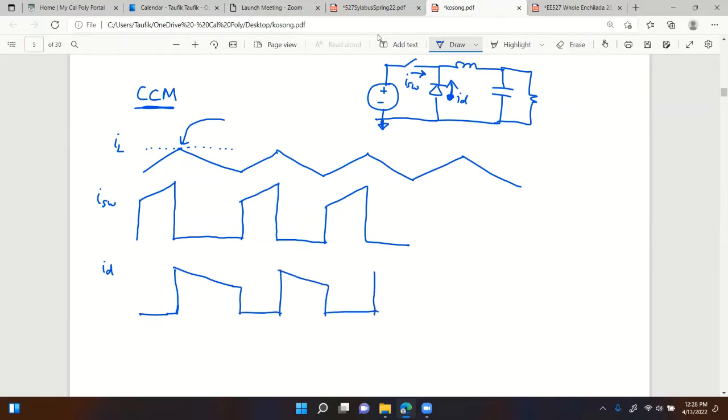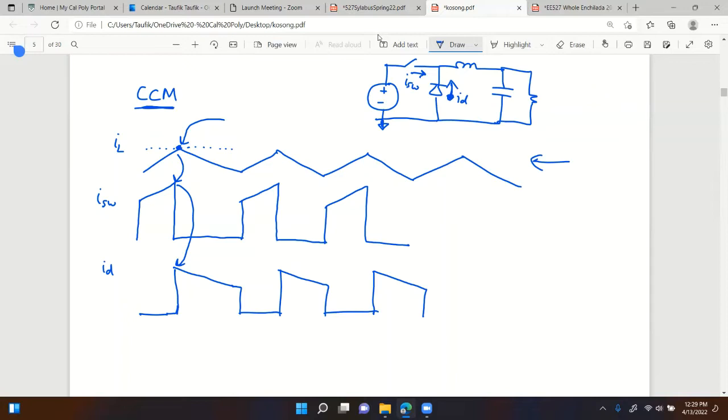Again, since current mode control monitors the peak current, we can see that that peak current is the same as that peak current, which is the same as that peak current. So conceptually, what we want is to monitor the inductor current, but in practice, we could use the switch current as well as the diode current. I rarely see a controller that utilizes inductor current for current sensing in current mode.